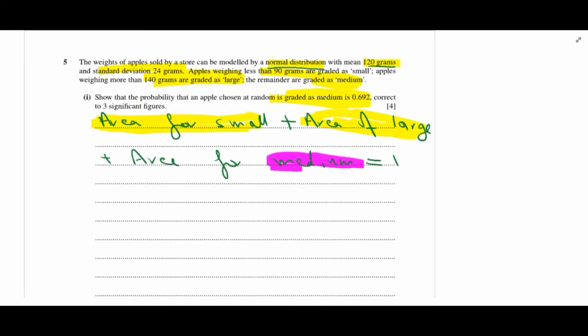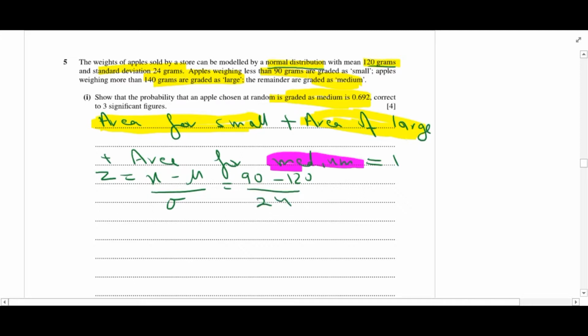First we need to convert our x variable to the standard normal variable. For conversion, we use the formula z equals x minus mu upon sigma. For the small, that would be 90 minus 120 upon 24, which is minus 30 by 24.